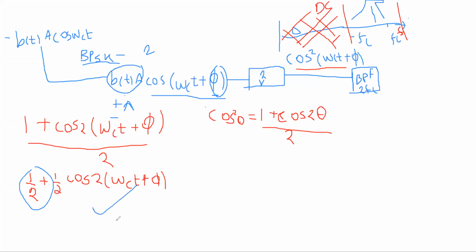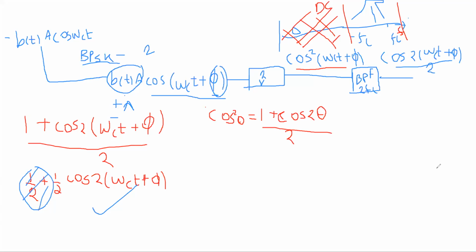So the output of the band pass filter will be cos of 2 omega ct plus phi, upon 2, right? So this will be the output of the band pass filter. It has removed this DC component. This DC component is removed by this band pass filter.